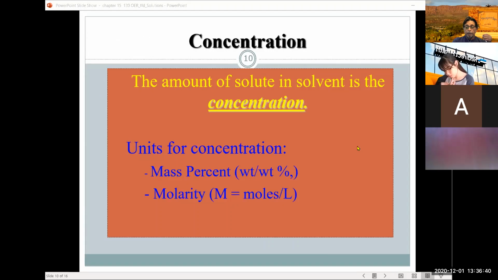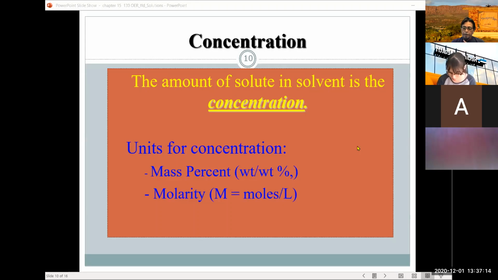All right. So concentration. We have two types of concentration. We have what's called the mass percent, which is a weight over weight percentage. Now, we have something else called molarity, which was introduced to you back when we were dealing with pH. Molarity is the ratio of your moles divided by the volume of solvent that you utilize.